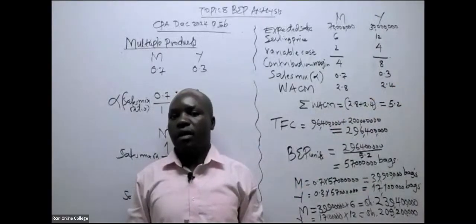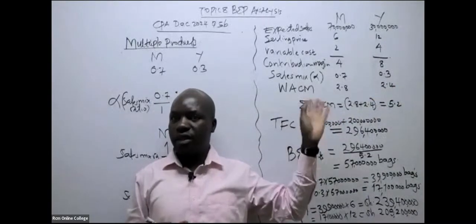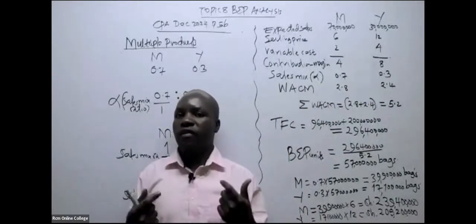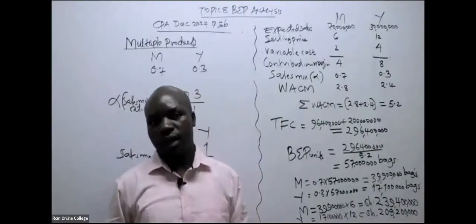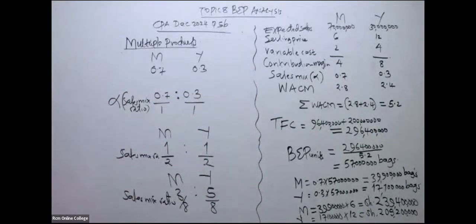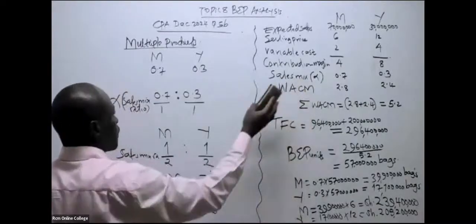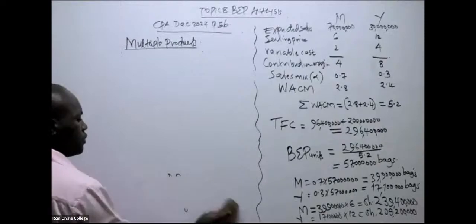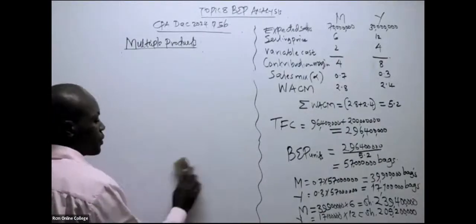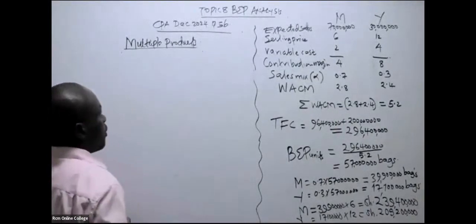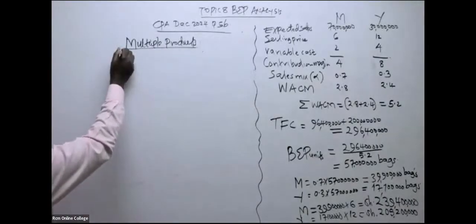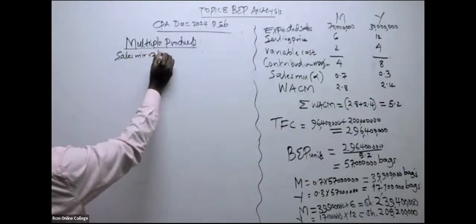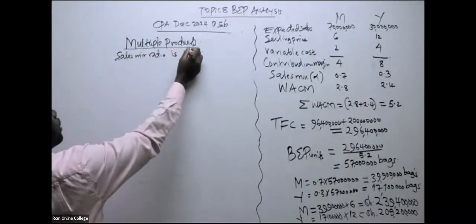Good. Now, if I interfere with the sales mix ratio and change it to 1:1, what will be my break-even point in units? Let me see if somebody will be able to do that. If I interfere with alpha, what will be my break-even point in units? If I change now, the sales mix ratio is 1:1.